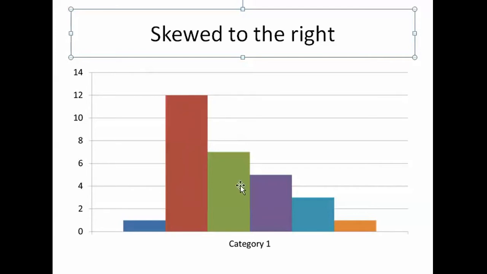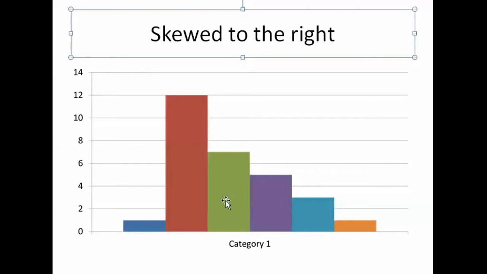Further toward the right, we have maybe the assistant managers who make more money than the cashiers, or maybe a little bit more money. Since they make more money, they're further to the right than the cashiers are. But since there's fewer assistant managers than cashiers, that's why their bar is shorter.